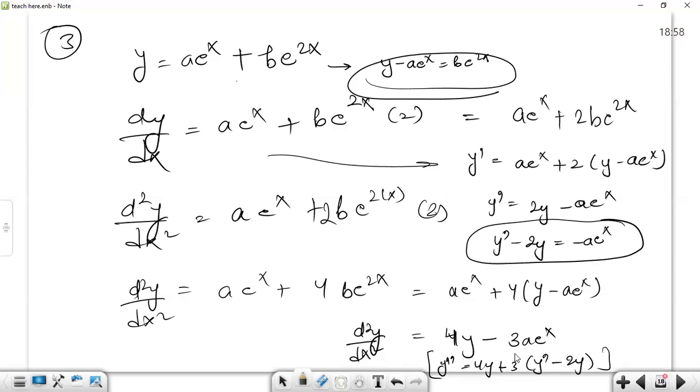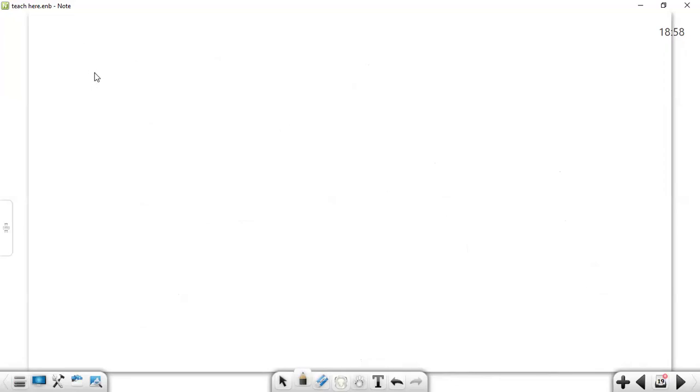So is everything clear about today's class, what we have discussed? Yes, sir. About what differential equations are, what the degree and order are, and formulation. So differential equation, order, degree, and formulation of differential equation.